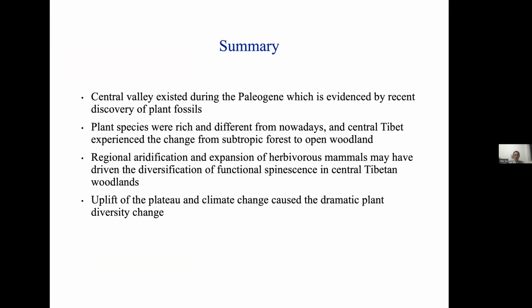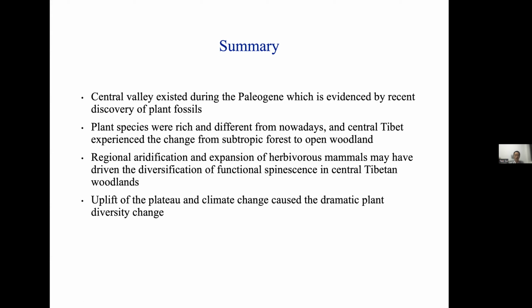So here is the summary. The central valley only existed during the Paleogene, which is evidenced by the recent discovery of plant fossils. And the plant species were rich and different from nowadays during the geological past.